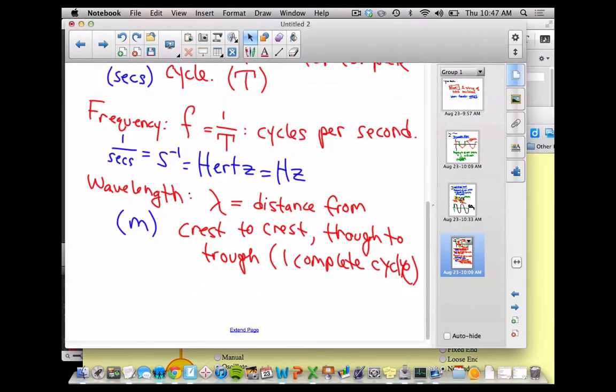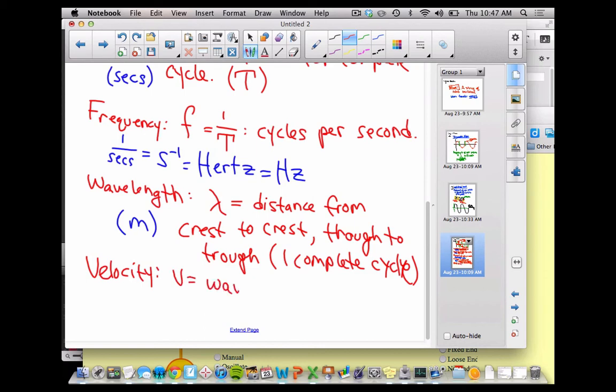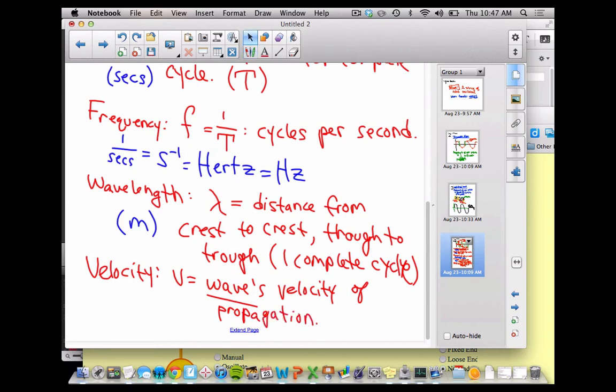So the velocity we're talking about is the wave's velocity of propagation. And it's just a standard velocity measurement, which is meters per second.